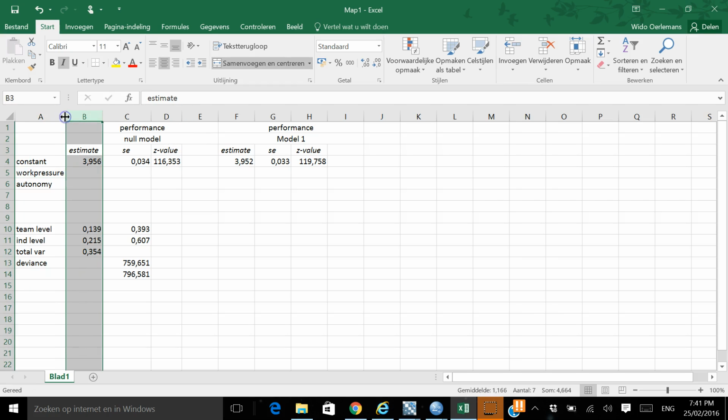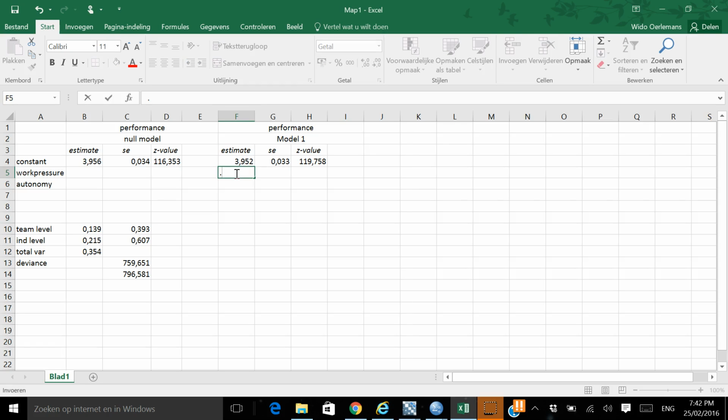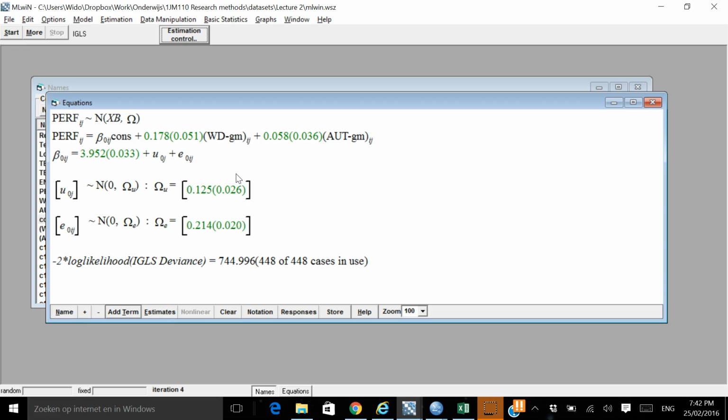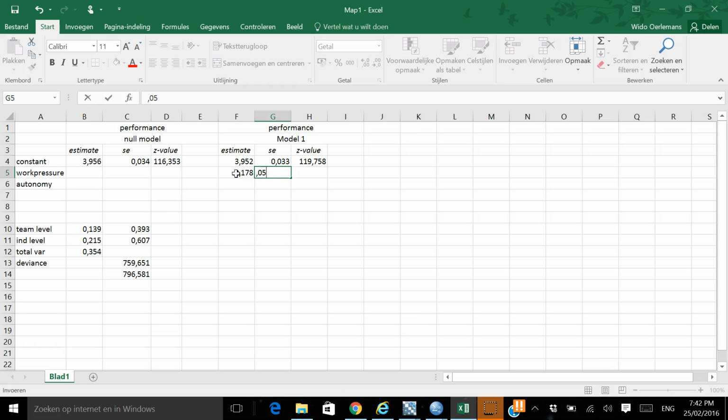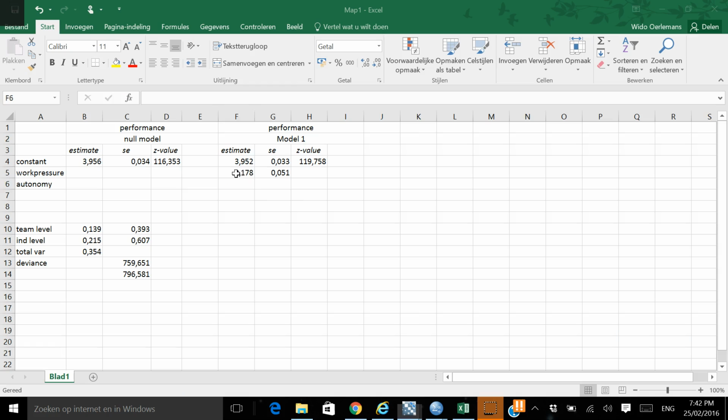For work pressure, we have an unstandardized estimate of 0.058 and a standard error of 0.036.